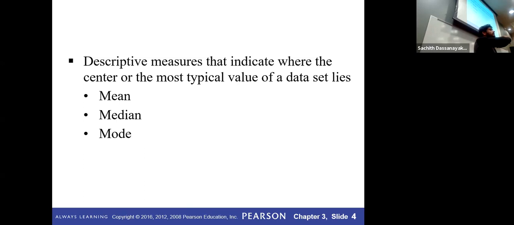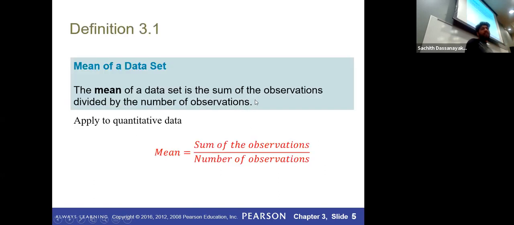Okay, those are the 3 measurements that we are talking about under this 3.1 section, measure of central tendency. So first, mean, you already know this, what is the idea behind the mean? Mean simply, or average. Sum of the observations divided by number of all observations. Okay, so we call it mean.